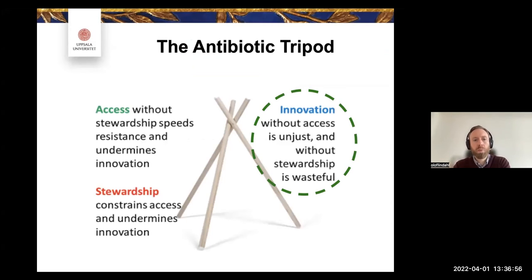However, if we think about the antibiotic tripod, where we also need to take into account access and stewardship, so access for populations worldwide to new antibiotics, and stewardship, i.e. making sure that we only use the new antibiotics when we really need it, because we have a problem and it's called antibiotic resistance, so we need to be very careful.